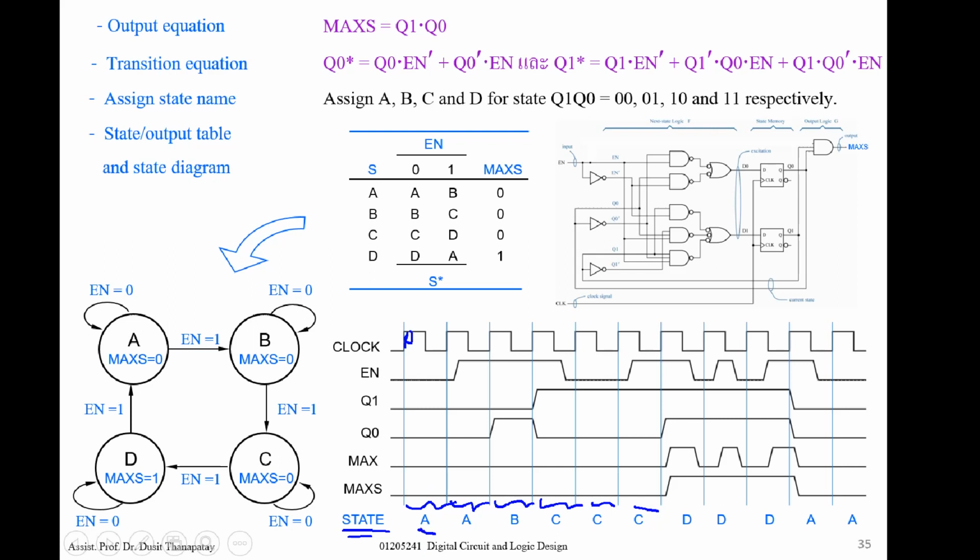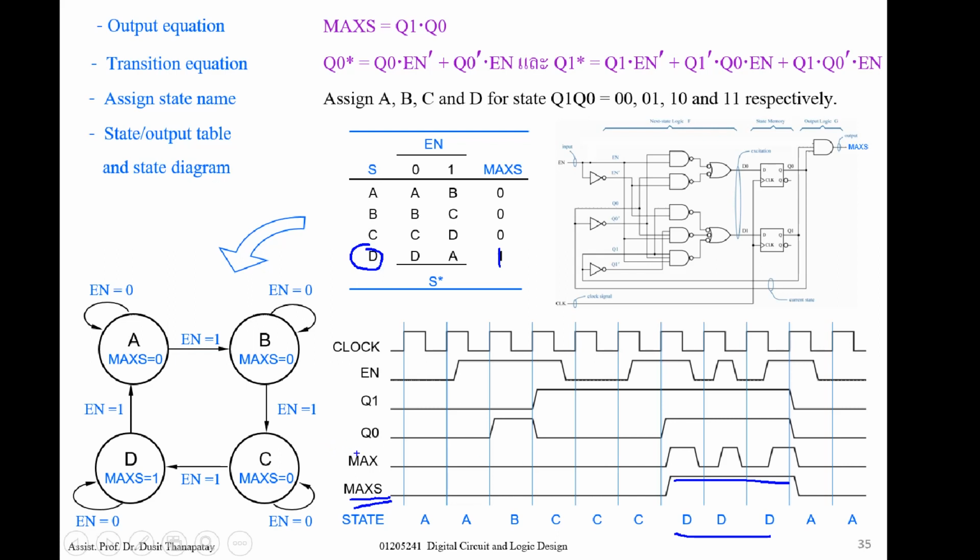When clock ticks, what is the next state? After that, just determine the output. For example, output max is 1 at state D. Only state D. So state D here, output max 1 here.